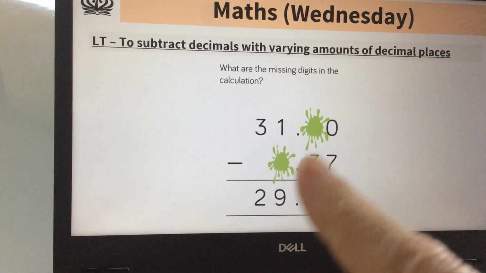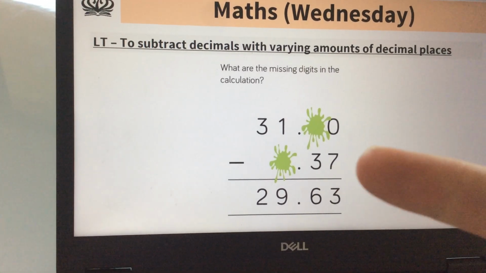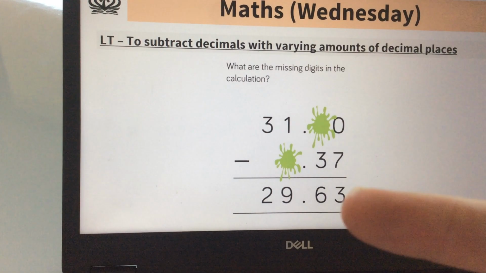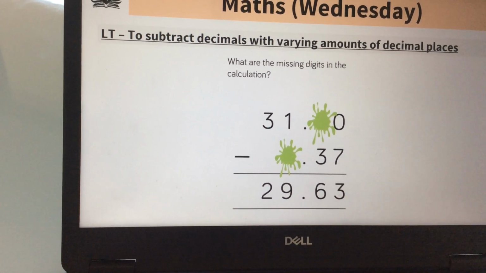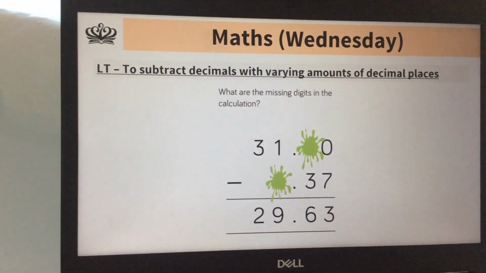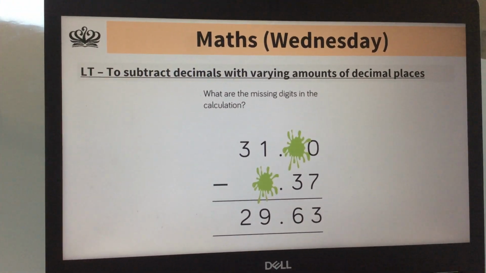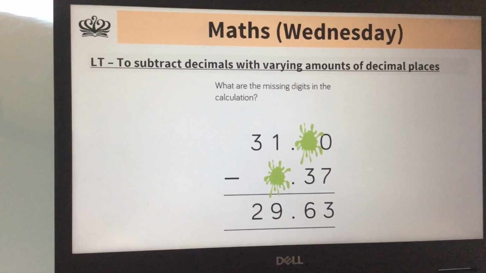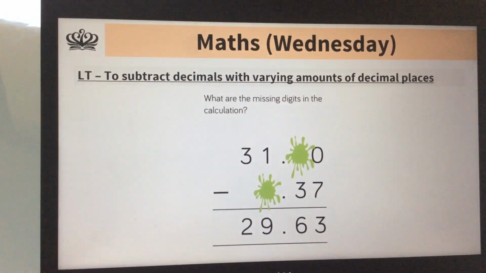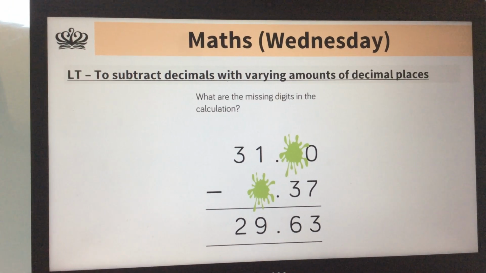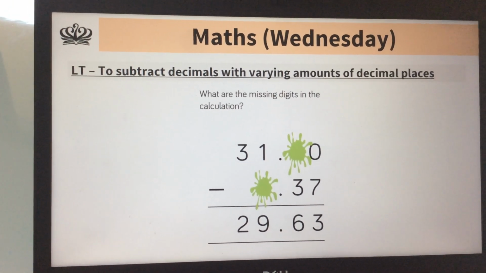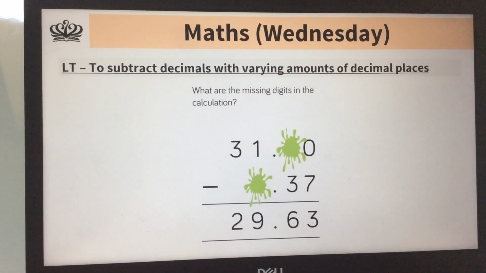So think strategically as well. Have a look at these numbers here, that might help you. Yeah, thinking about number bonds to 100, if you had 37 and 63, that might give you a little bit of a clue as well. Okay, don't expect to do that straight away. Don't expect the answer to jump out at you. You're going to need to think in a sort of mathematical way and try a few different ways out. Okay, see if you can solve that.